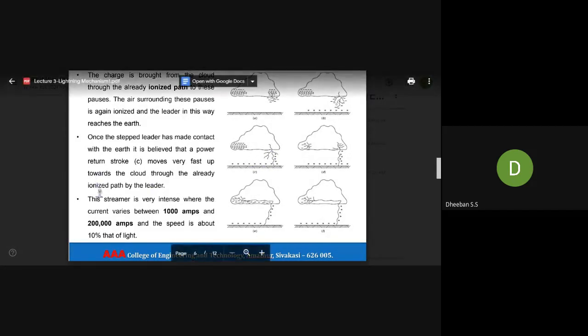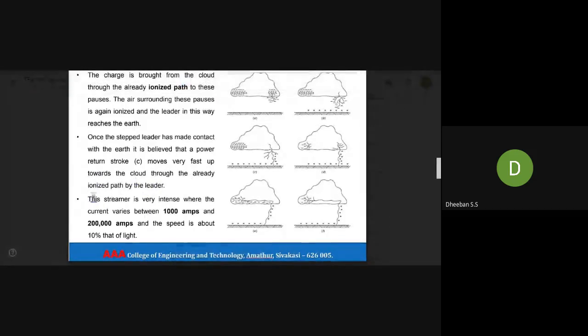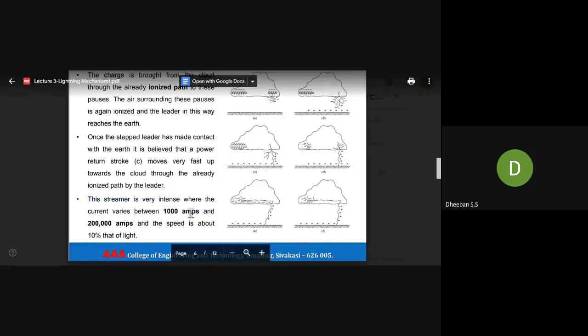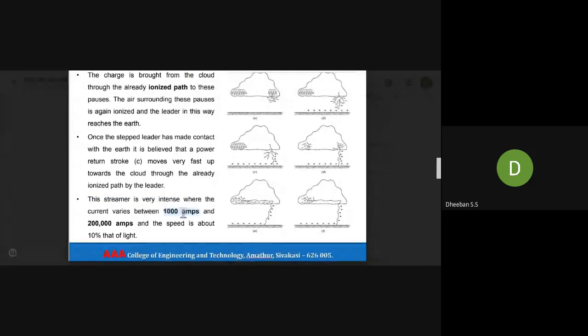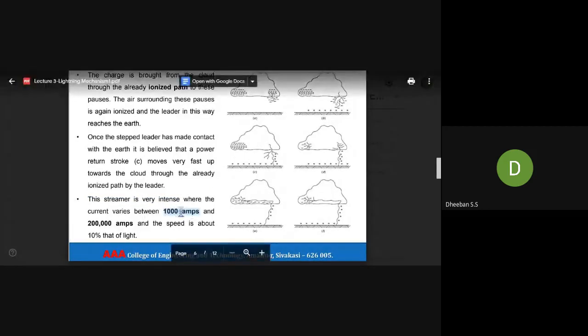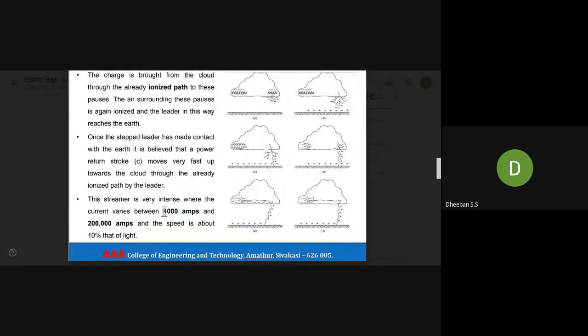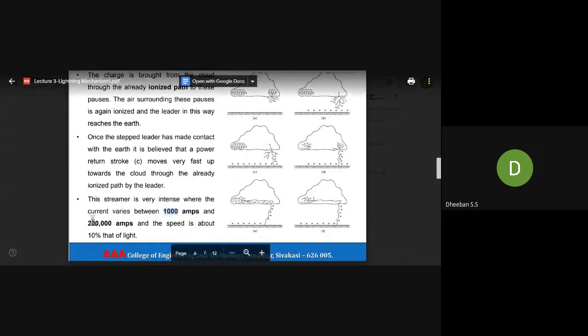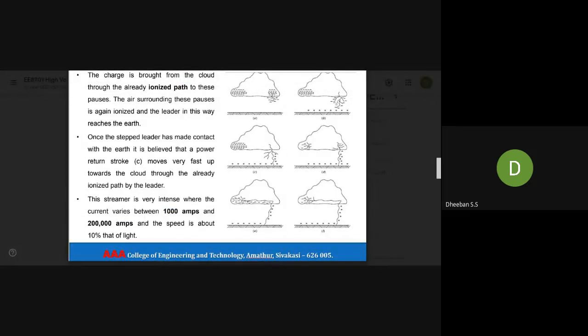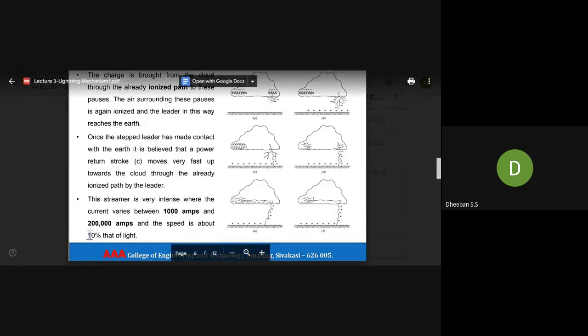Next, this streamer is very intense. They are giving the characteristics of the return stroke. This return stroke will be between 1000 amps to around 2 lakh amps, so the order is increasing. The speed is about 10 percent of the speed of light.